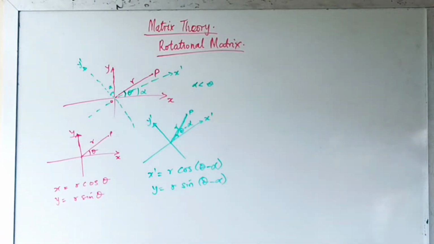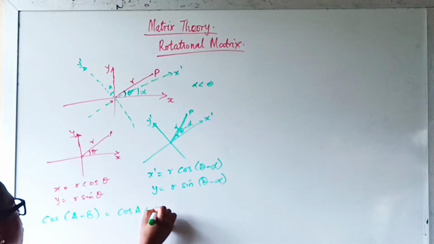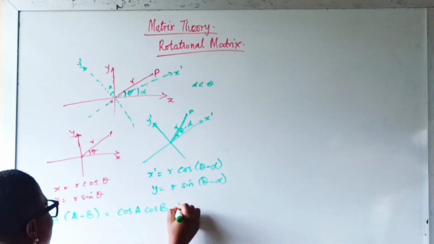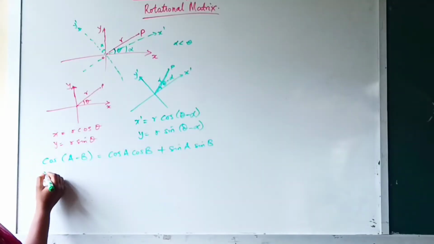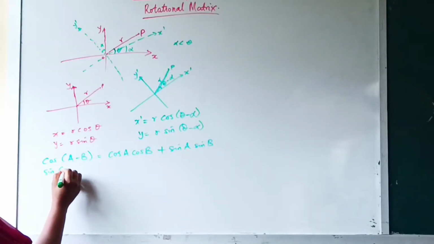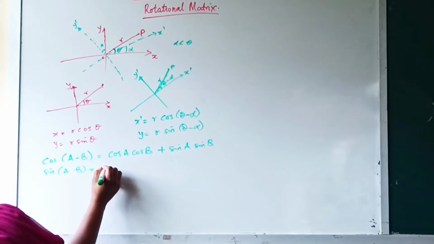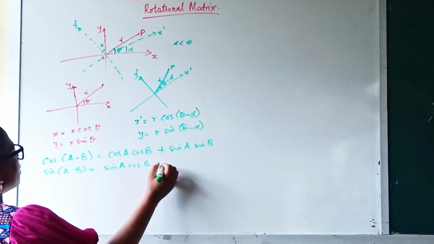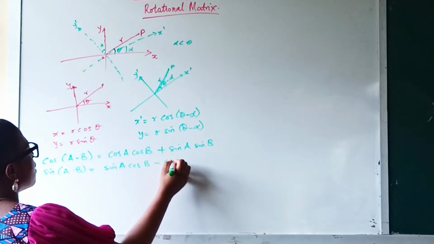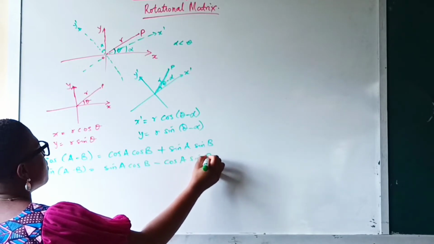We need to find a way to remove that theta. We recall that cos(A minus B) is equal to cos A cos B plus sin A sin B. Then sin(A minus B) is equal to sin A cos B minus cos A sin B.